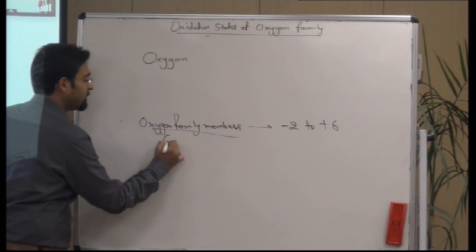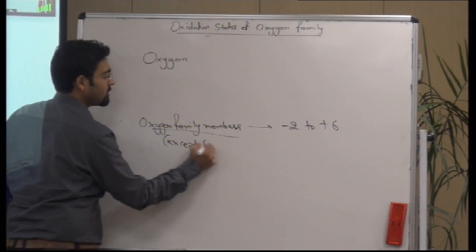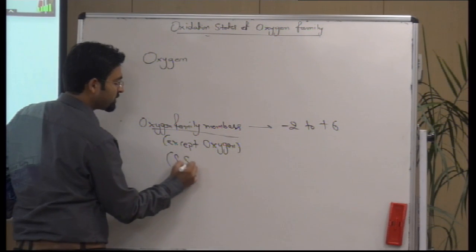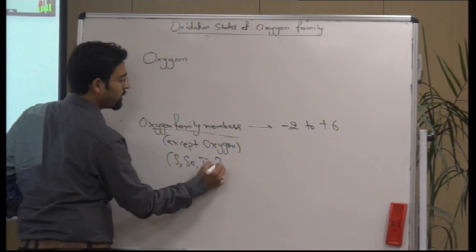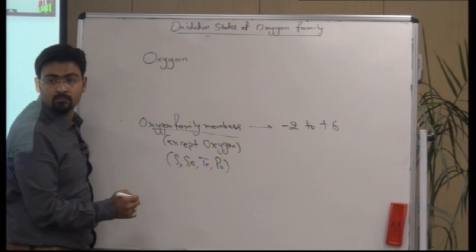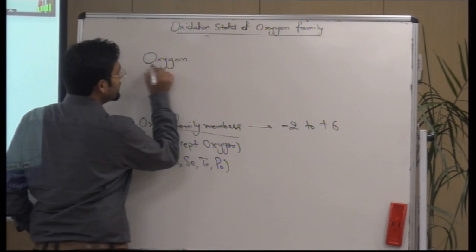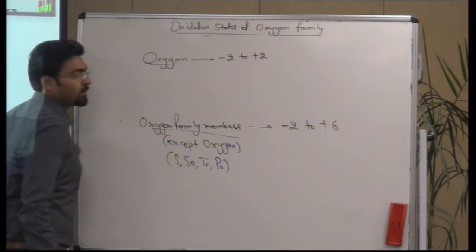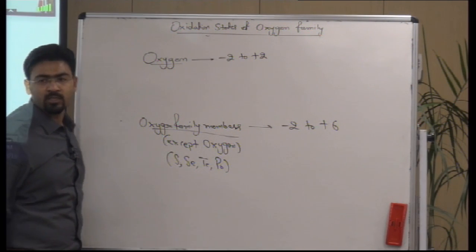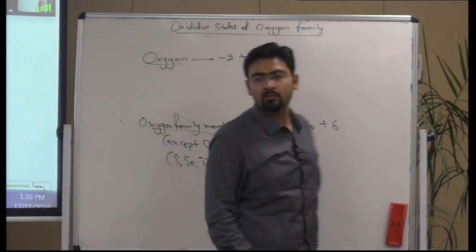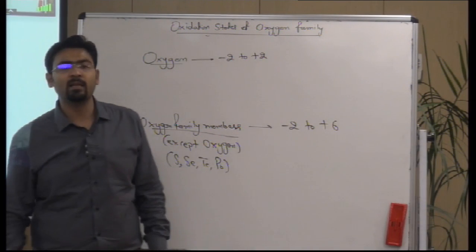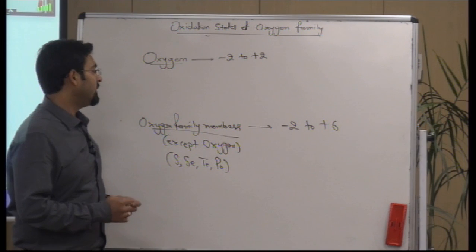This is except oxygen. So it means when I'm talking about sulfur, selenium, tellurium, and polonium. Right? For oxygen, it is -2 to +2. It cannot expand its oxidation state beyond +2 because of the absence of the vacant d orbital and its highly electronegative nature. Right?